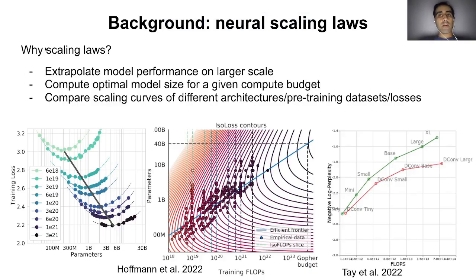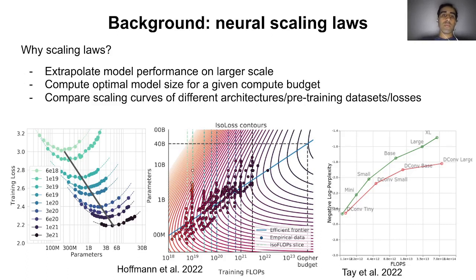A bit of background: scaling laws relate model performance and different aspects such as total training compute, dataset size, and the model's number of parameters. They are helpful for theoretical reasons, to understand models' behavior at large scale, but also for practical reasons, to extrapolate model performance to scales larger than they have been trained on, for instance to do experiment planning in advance.